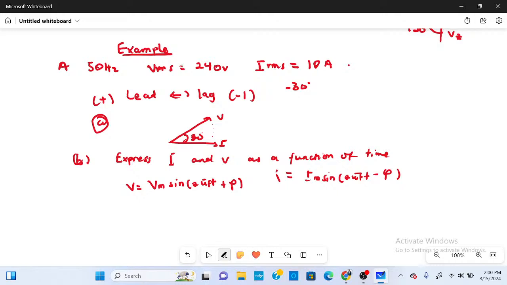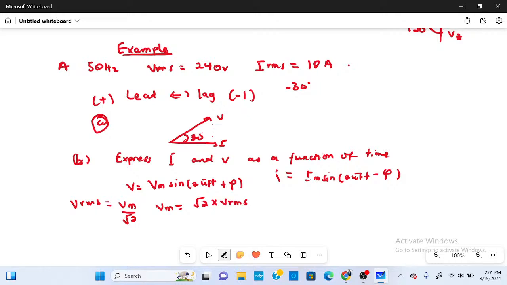What's my Vm? I have my VRMS to be 240, and you know that VRMS is equal to Vm over square root of 2. So my Vm will be equal to square root of 2 times the VRMS.